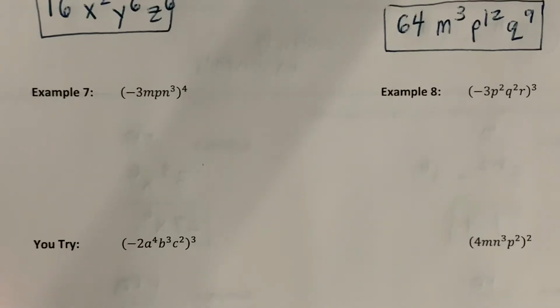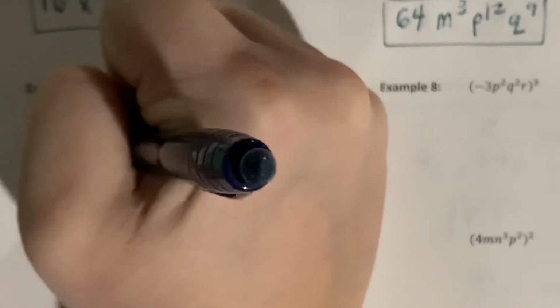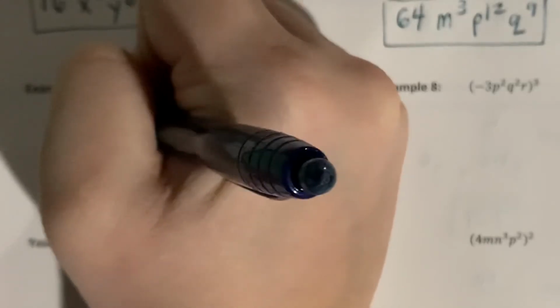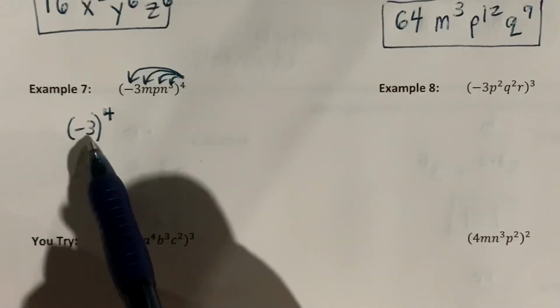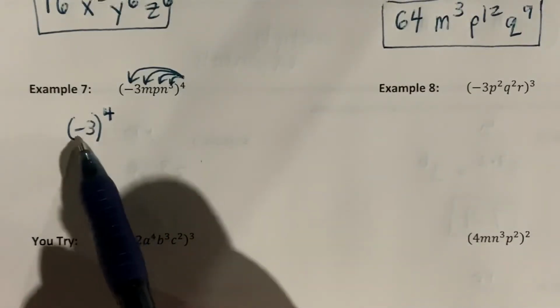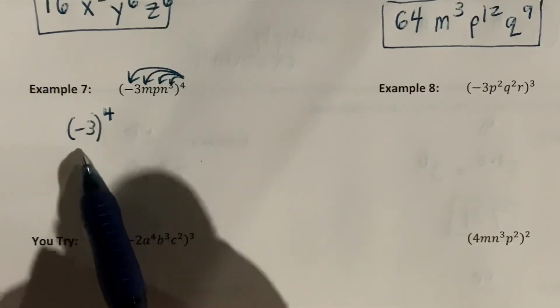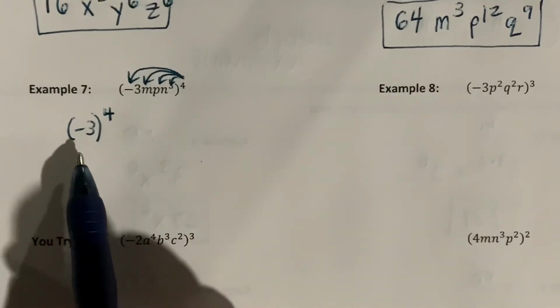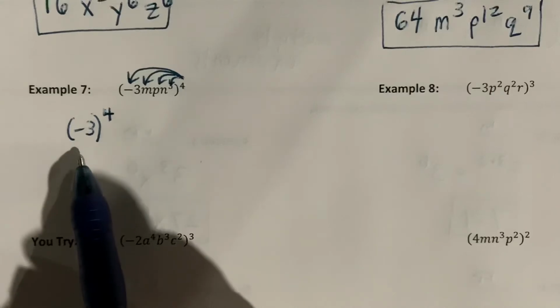Example 7, I'm going to distribute the 4th power to my coefficient, my m's, my p's, and my n's. So I'll have -3 to the 4th power. Again, I'm raising not just 3 to the 4th power, but -3 to the 4th power. So I have to put this -3 inside parentheses, and I have to type it inside parentheses when I put it in my calculator.